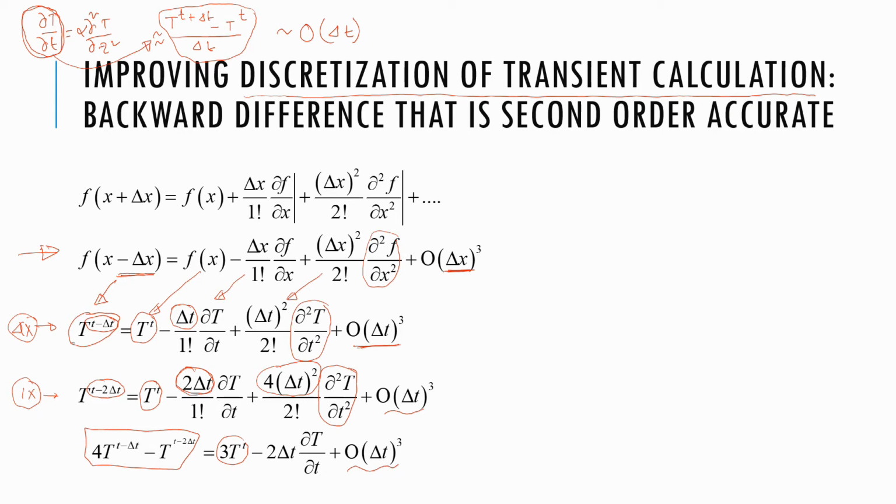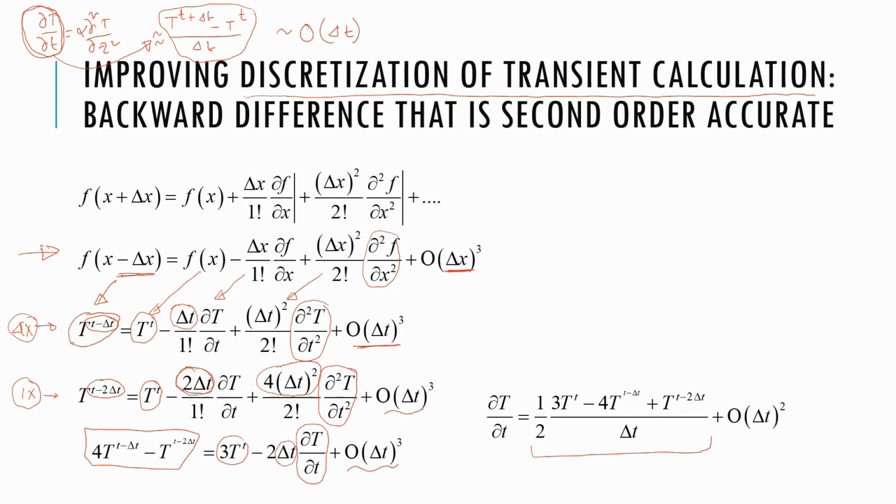Now we just write the expression for del T del t, which is all of this other stuff on the right hand side, and since we are dividing it by delta t, then the remainder is of the order of del t squared.